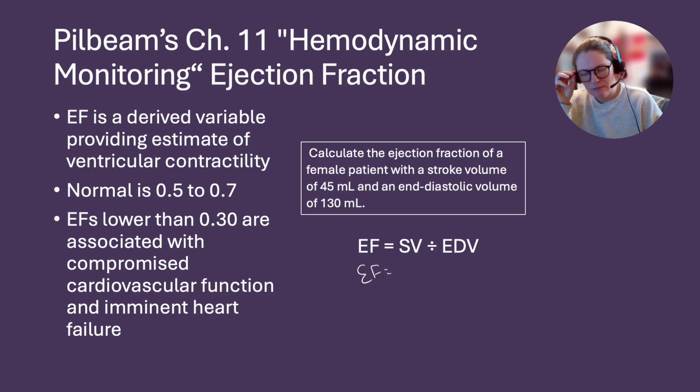So our stroke volume is 45, and our end diastolic volume, 130. So our ejection fraction is 0.34. And it is just that simple, guys.